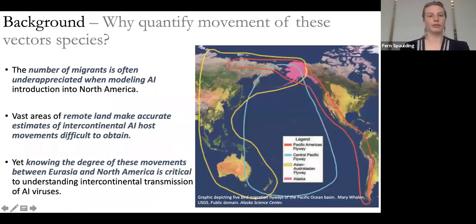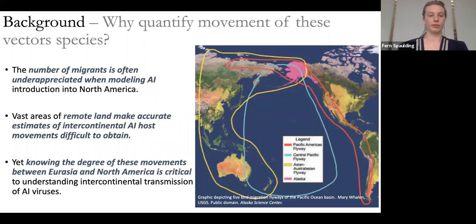So why should we quantify these movements of vector species? In general, for wild migratory birds, the number of migrants moving between Eurasia and North America has often been underappreciated when modeling the introduction of avian influenza into North America.